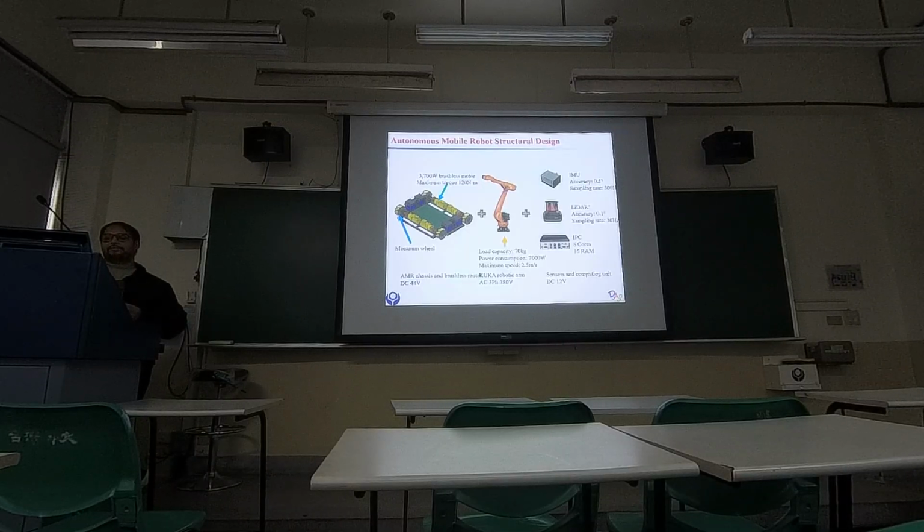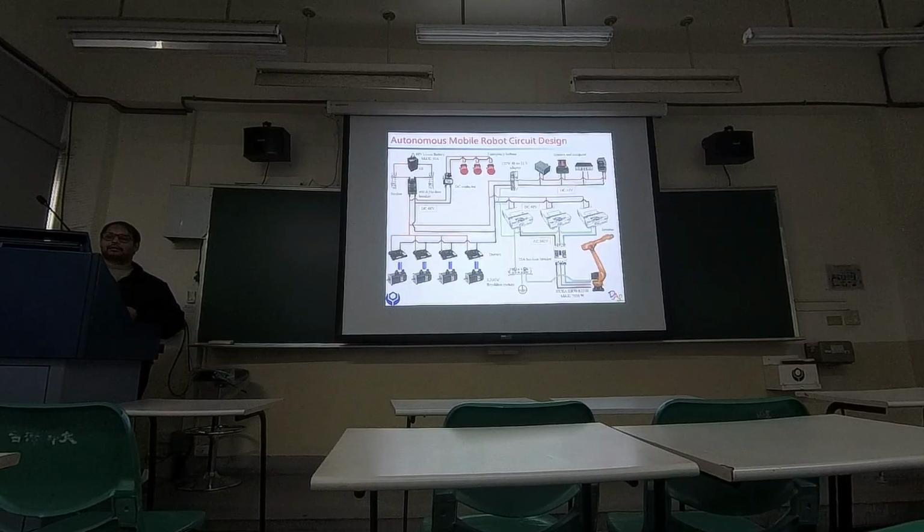We also integrated an IMU, LiDAR and IPC so that it can be an autonomous vehicle, powered from the battery. This is the circuit diagram of the autonomous mobile robot we want to develop, and right now it is already being integrated. We have been working on it for the past 6 years.